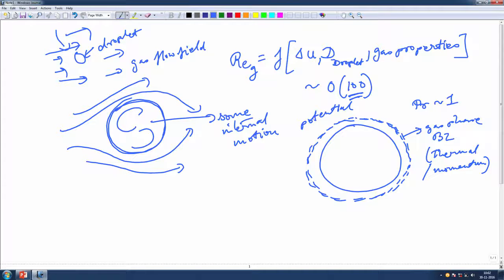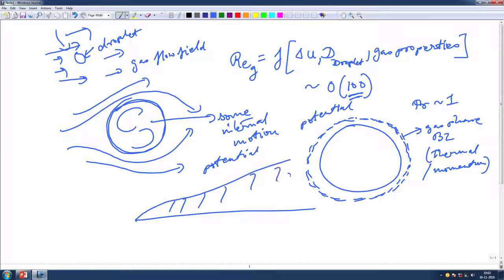If you recall your fluid dynamics course, say for a flat plate boundary layer, this is how the boundary layer evolves. Here it is potential, and all the effects are confined to this particular region. Here you have the velocity varying like this, if you recall your fluid dynamics course. So, here also something very similar actually happens.